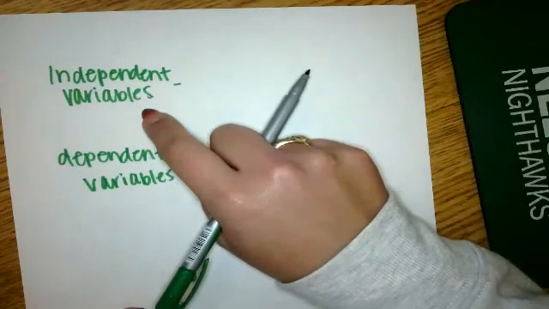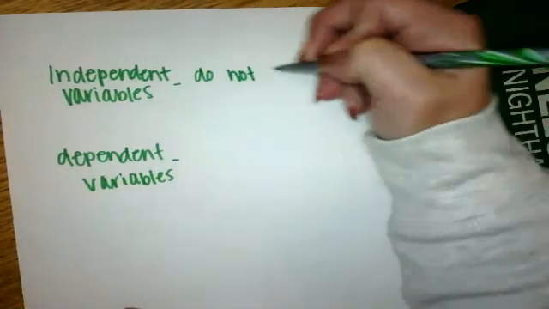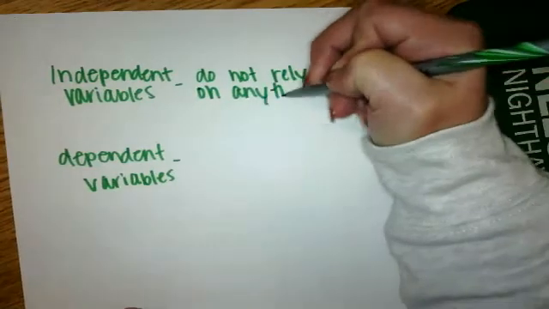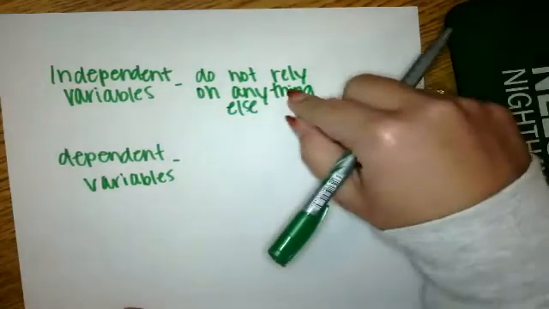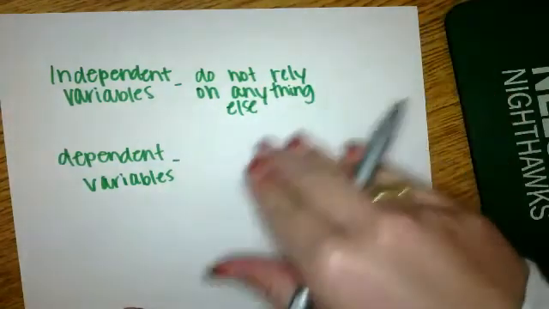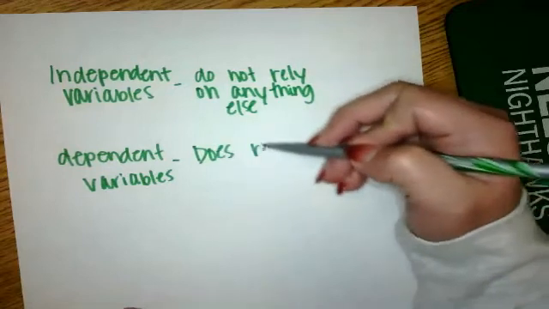An independent variable is a variable that does not rely on anything else. I can have an independent variable by itself, okay? A dependent variable does rely on something else.